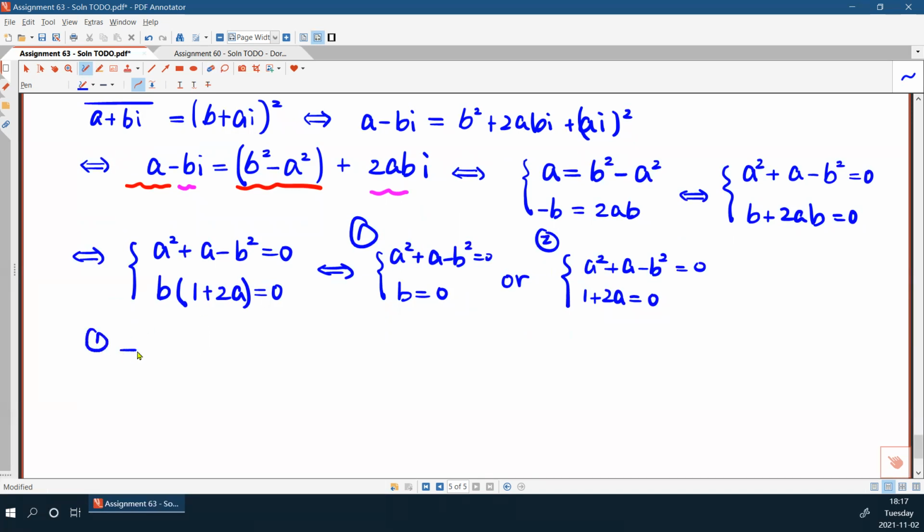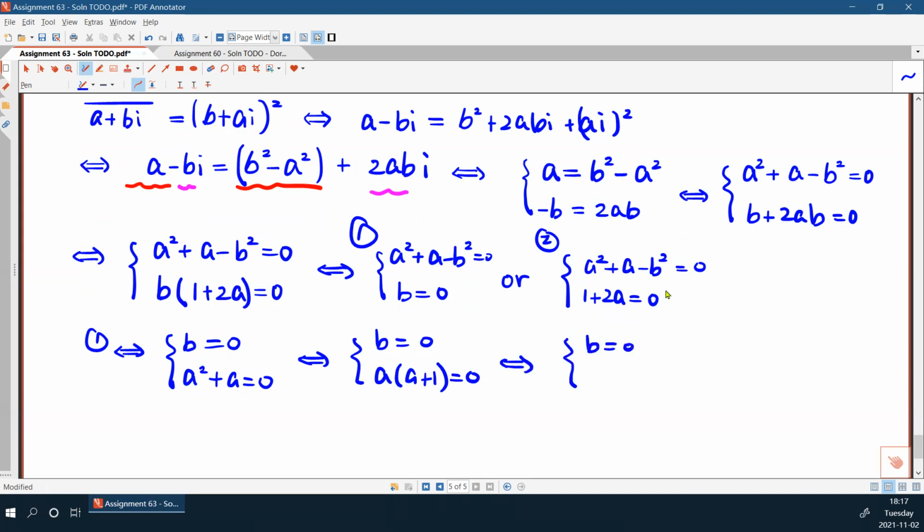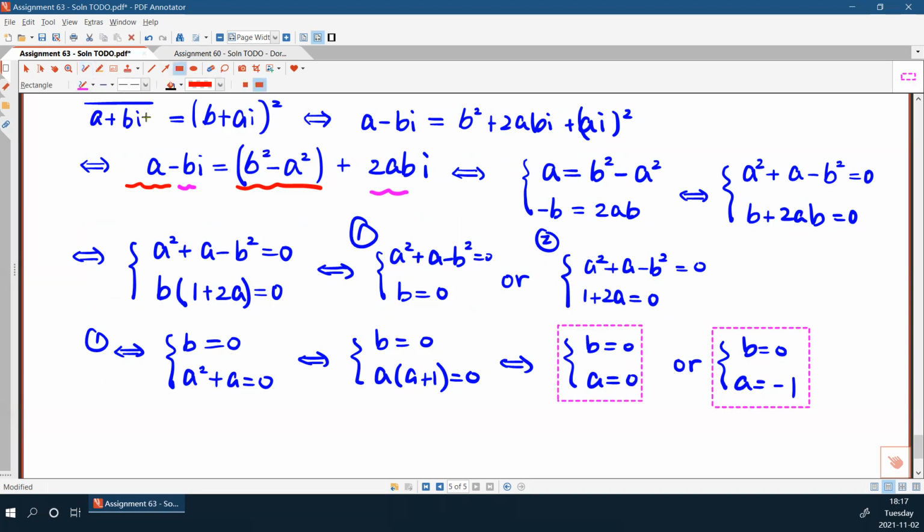Okay, system number 1: if b is 0, then the first equation means a squared plus a is 0, which is equivalent to b is 0 and a times (a plus 1) is 0. So first, b is 0 and a is 0, or when b is 0, a can also be minus 1, right?